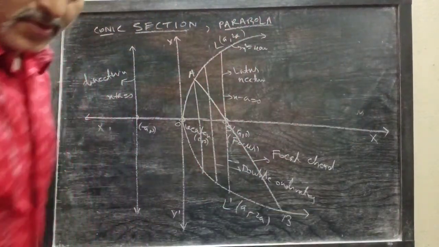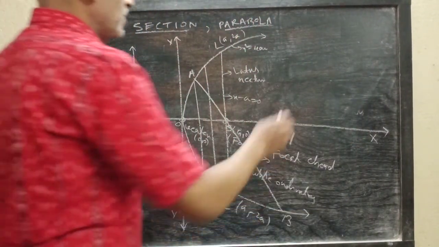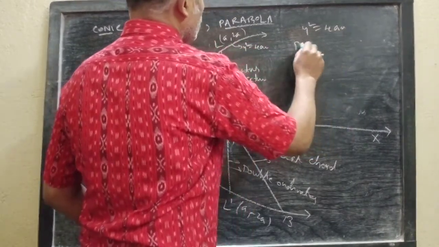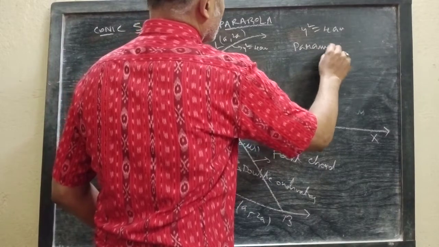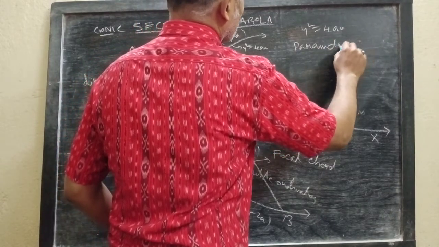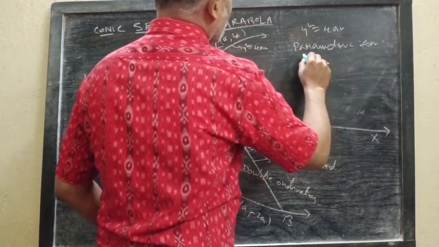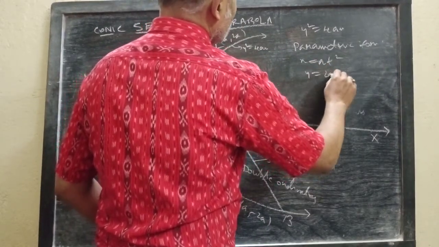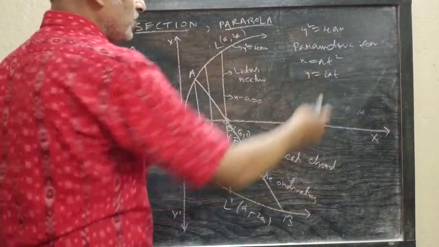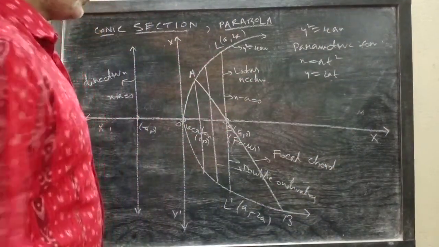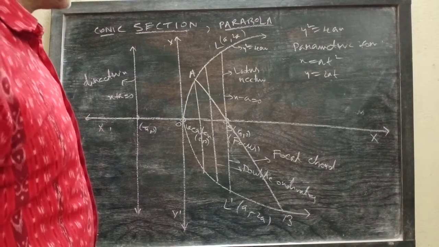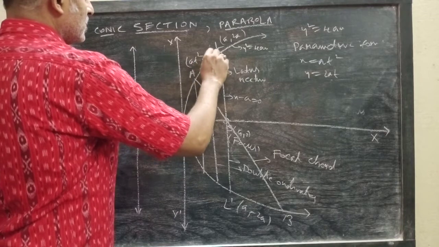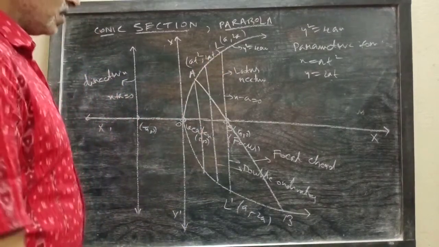This is the parametric point on the parabola. x equals at square, y equals 2at. If you put x equals at square here, y square becomes 4a square t square, so y is 2at. So suppose A is (at square, 2at).